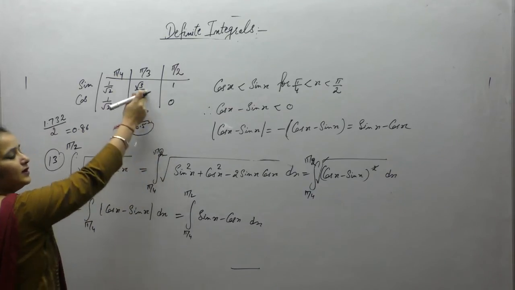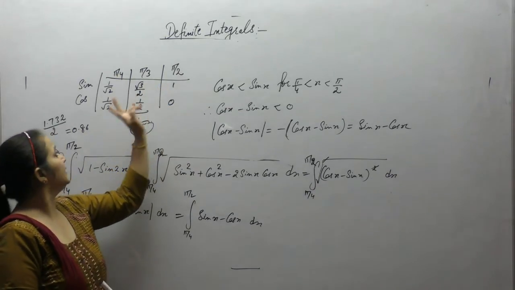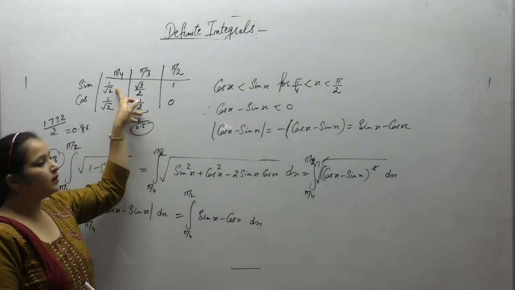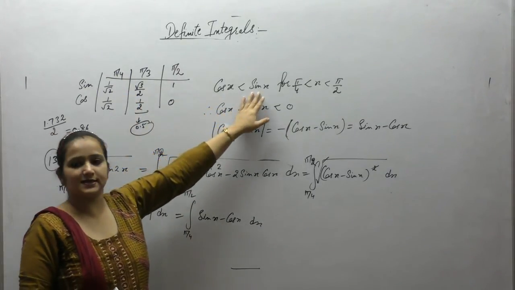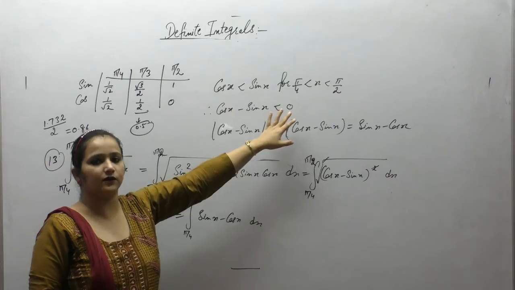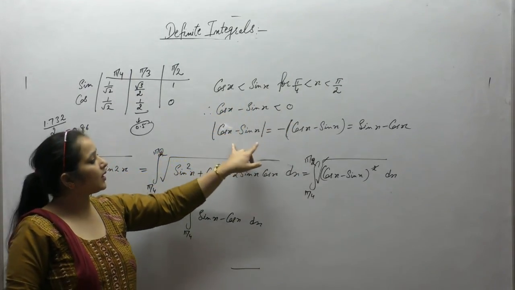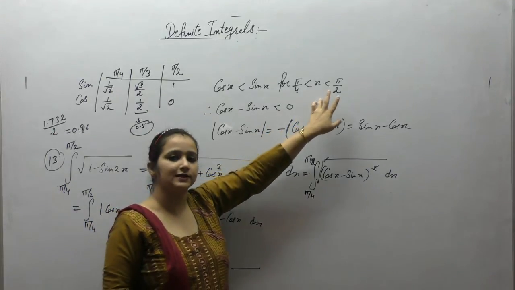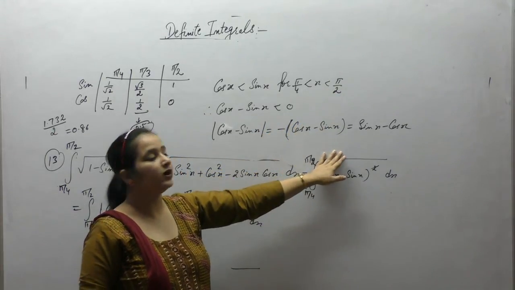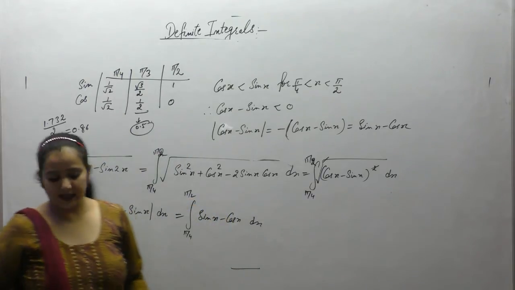Again this value is greater than the value at pi by 3, where it is equal. So cos x is less than sin x in this interval, so cos minus sin is less than 0. So the modulus of this term in this interval is the negative of cos x minus sin x.